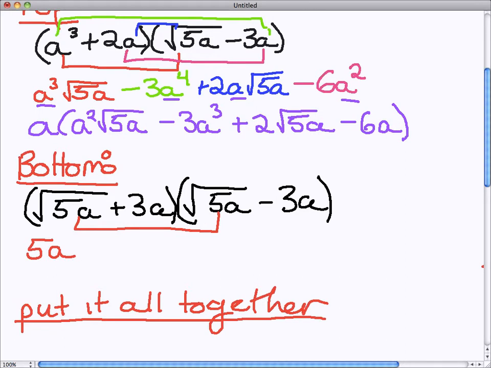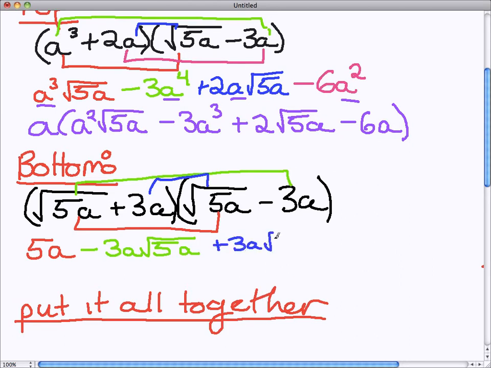Then outer times outer: negative 3a root 5a. Then inner times inner: positive 3a root 5a. Then last times last: negative 9a squared. And remember, a negative times a negative is a positive.